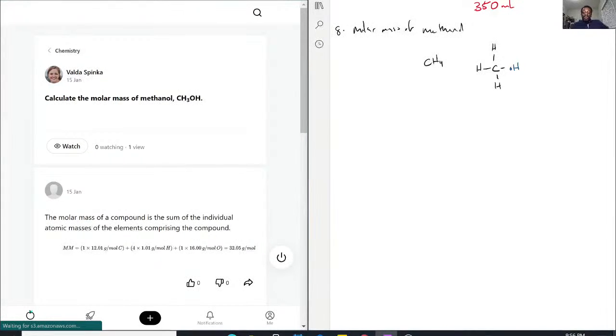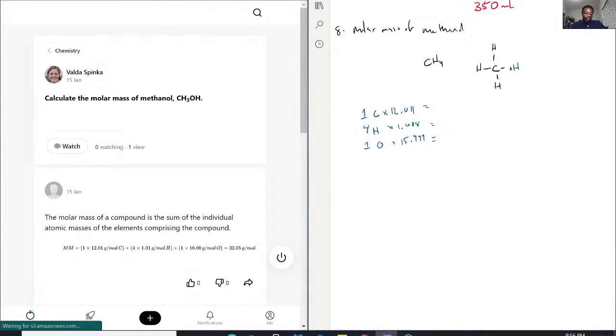With that being said, though, we have 1 carbon, 3 hydrogen, 1 oxygen, and instead of saying 3 hydrogen, we can just erase that and put 4 hydrogen, okay? So, let's see. We have times 12.011, times 1.008, times 15.999, okay?